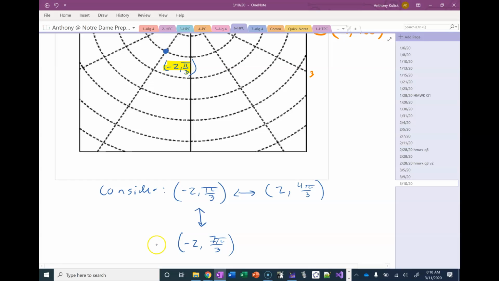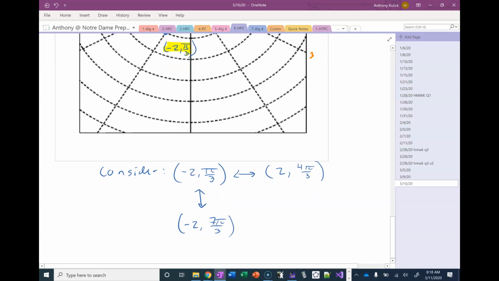So I think we have a special name for angles like pi over 3 and 7 pi over 3. They are called coterminal. Yup. So that's certainly one way of finding them.